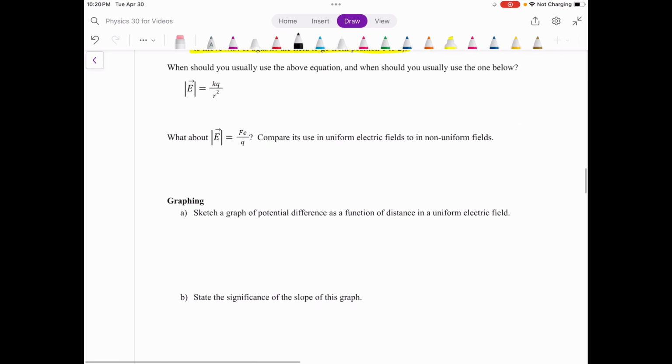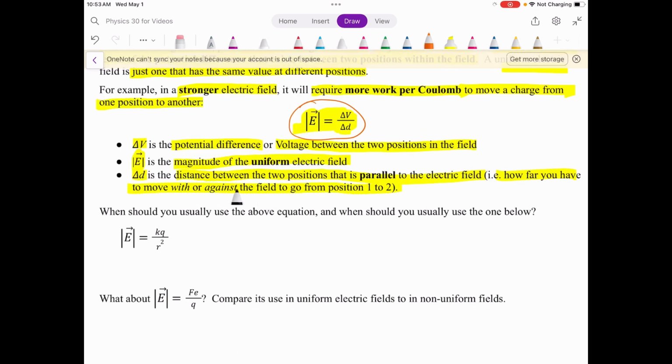All right, so we kind of just covered this, but now it's asking us, when should you usually use the above equation, so this one, and when should you usually use the one below, this E equals KQ over R squared that we first learned when we started talking about electric fields? Well, as we just saw, this one works really well in a uniform electric field.